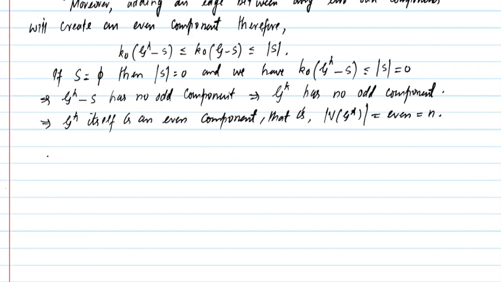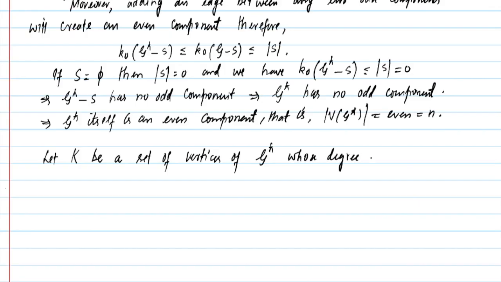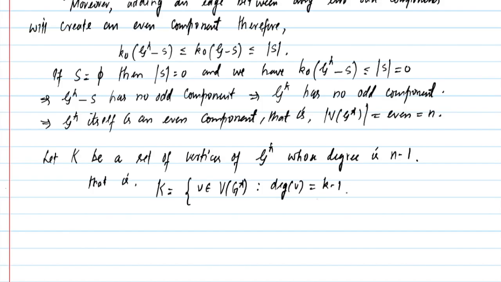Now let's pick up a vertex. So now let K be a set of vertices of G star whose degree is n minus 1. So we can write it this way also, that K is equal to the vertices v belonging to the vertex set of G star such that the degree of v is equal to n minus 1.